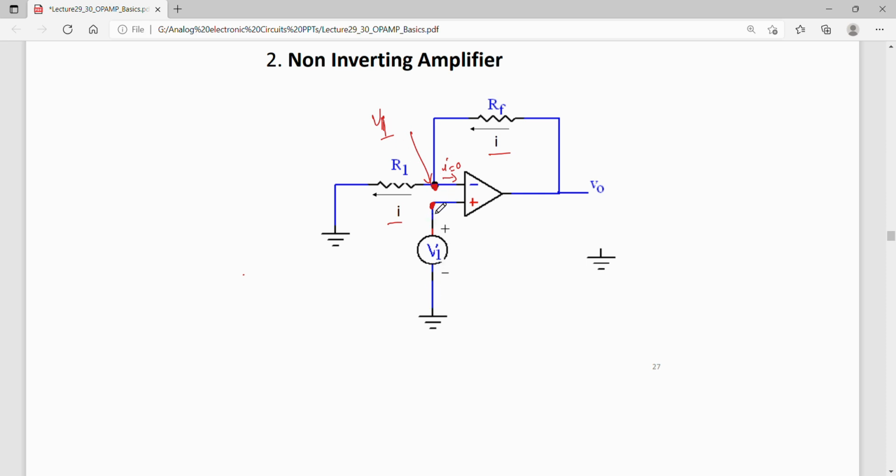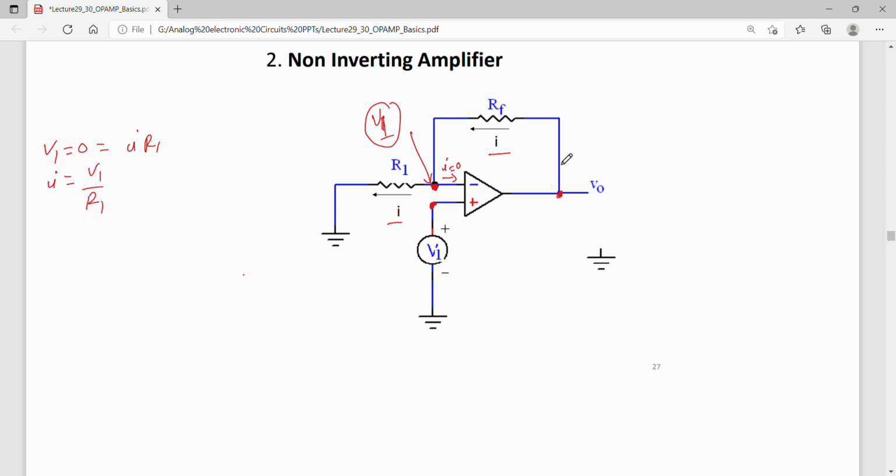But now since this is connected to V1, at this node the potential is V1. So I can write KVL: V1 minus 0 is I R1, or I is V1 by R1.